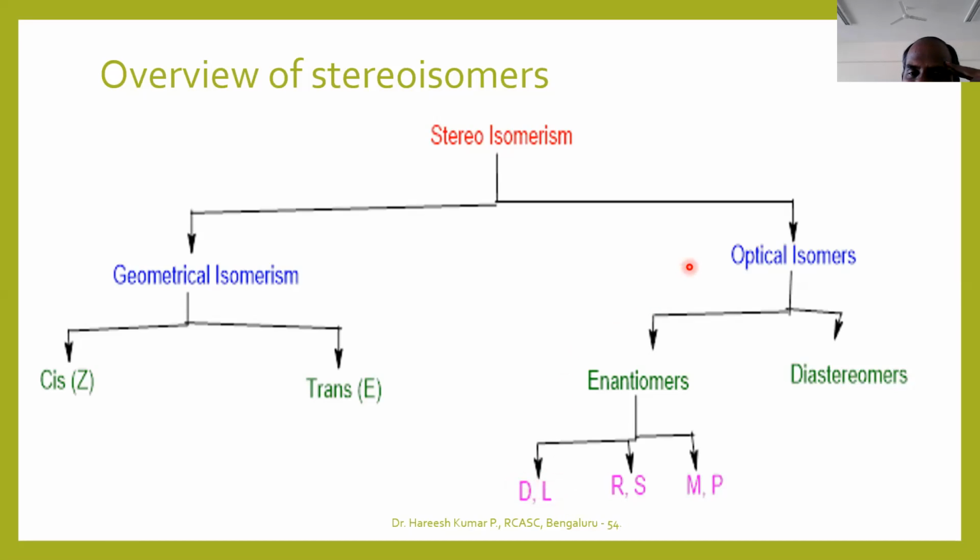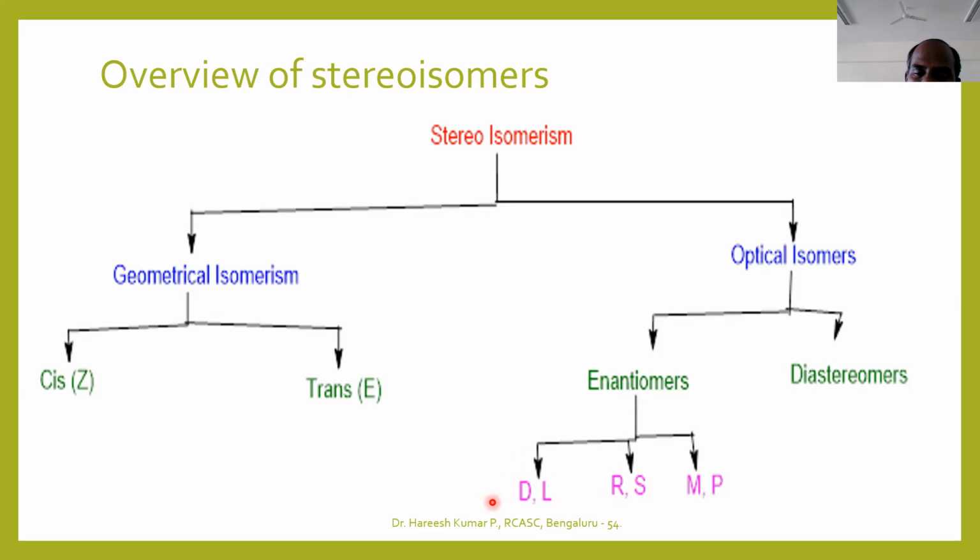Optical rotation is an experimental phenomenon, whereas the configuration is a theoretical phenomenon. D and L configuration is assigned based on an arbitrary standard, glyceraldehyde. Similarly, this is how you can give notations or configuration to the enantiomers. Similarly, to the same enantiomers, it is also possible to give R and S.